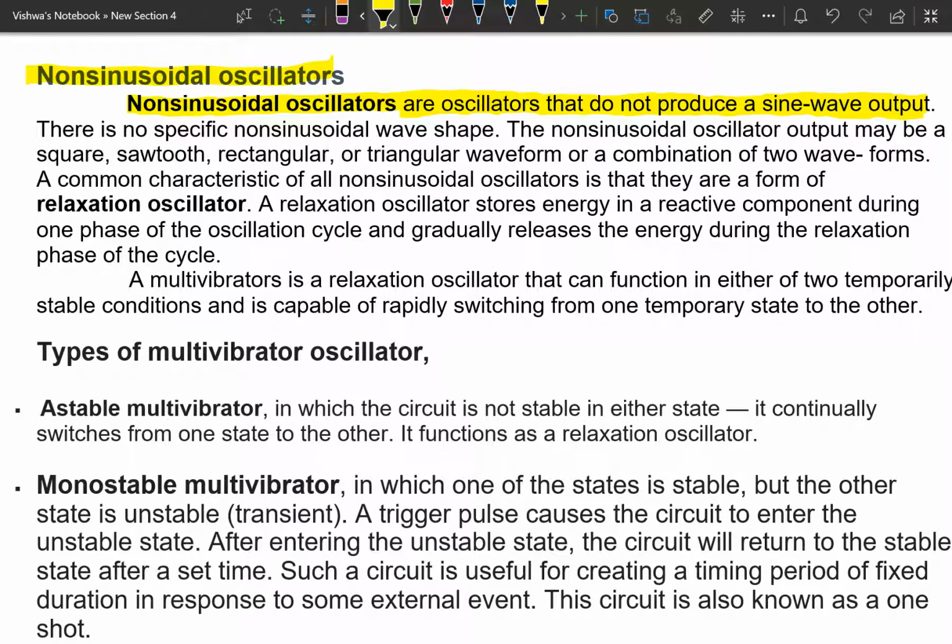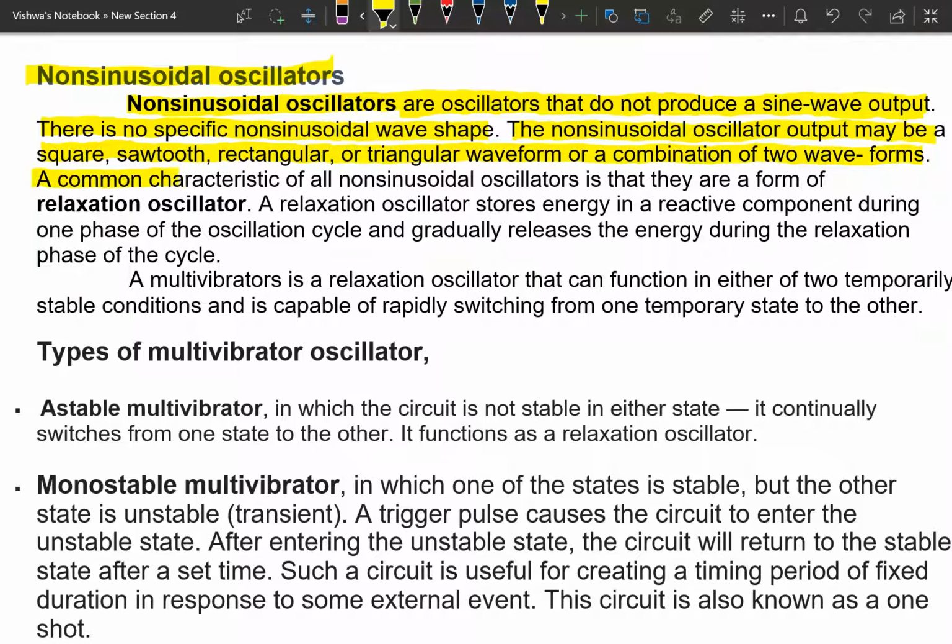But which kind of waveforms are these oscillators producing? There is no specific non-sinusoidal wave shape, but the output may be a square wave, sawtooth, rectangular or triangular waveform, or a combination of two waveforms.